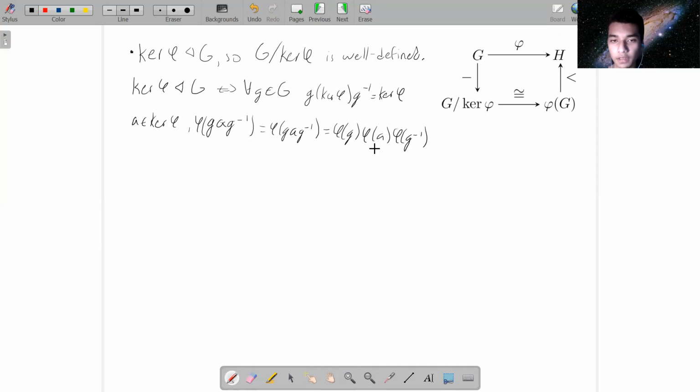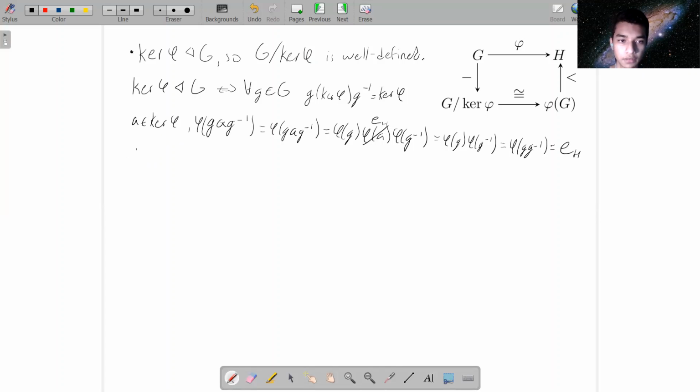Since a is in the kernel of phi, we know that phi of a is equal to the identity of H. And so this is phi of g times phi of g inverse, which by the homomorphism property is phi of g g inverse, which is phi of the identity of G, which is obviously the identity of H.